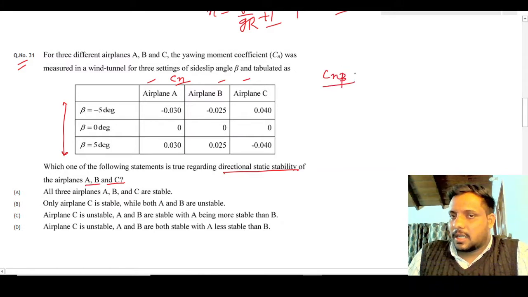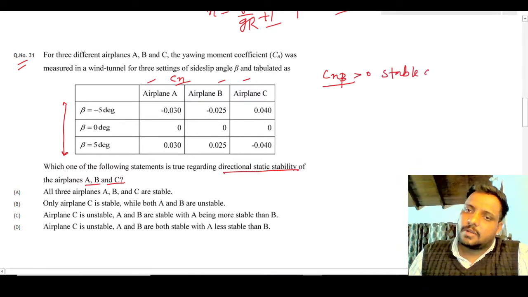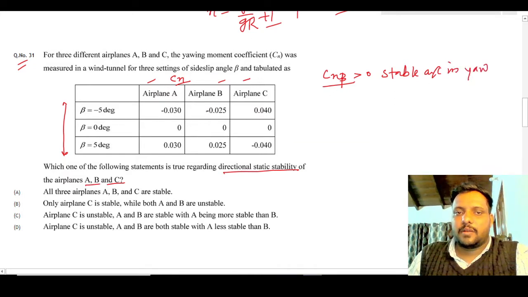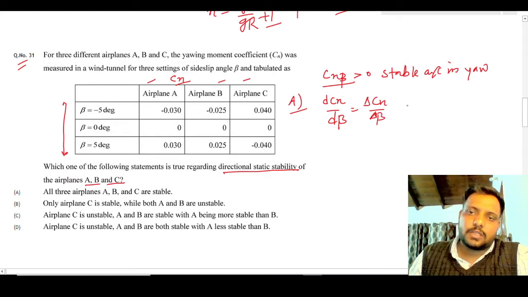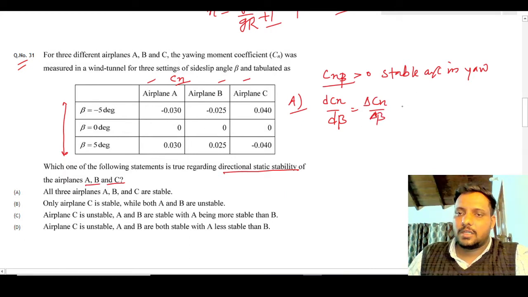So Cn beta is positive for stable aircraft in yaw. That is why we need to find out Cn beta for all three airplanes. So first, for airplane A, Cn beta is dCn by d beta, or delta Cn by delta beta for this case, because we have the finite values here.